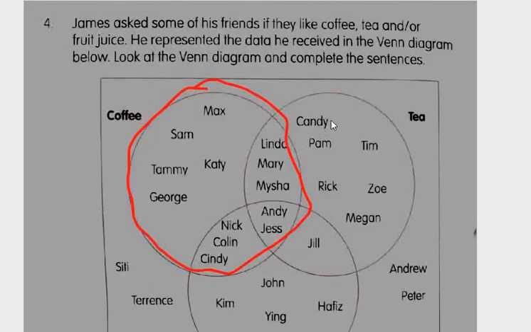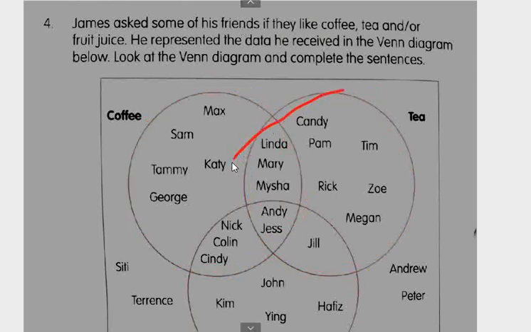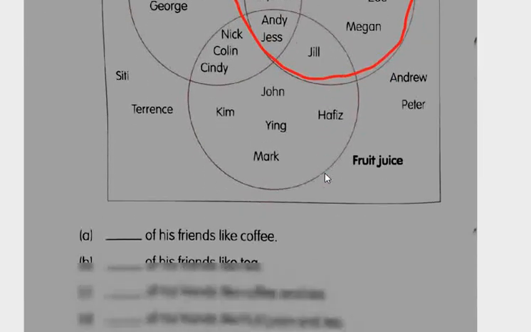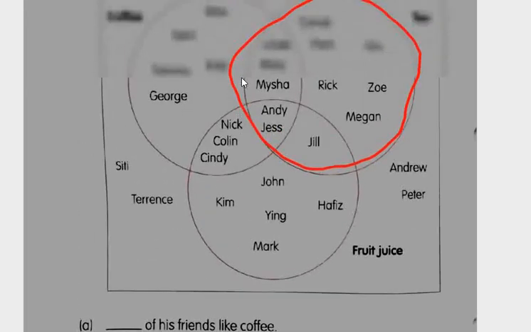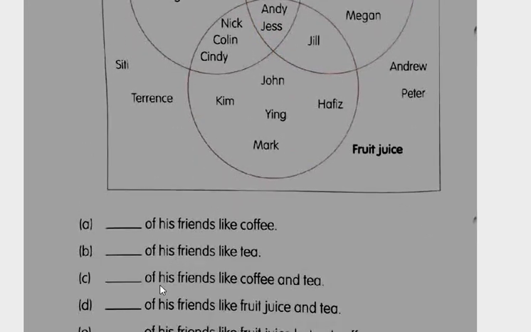So that is how you do it. For question B, count all the names that are in the second circle to find the number of his friends who like tea. Alright, then question C. How many of his friends like coffee and tea?